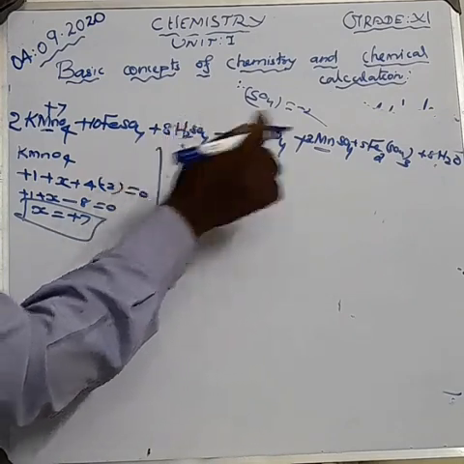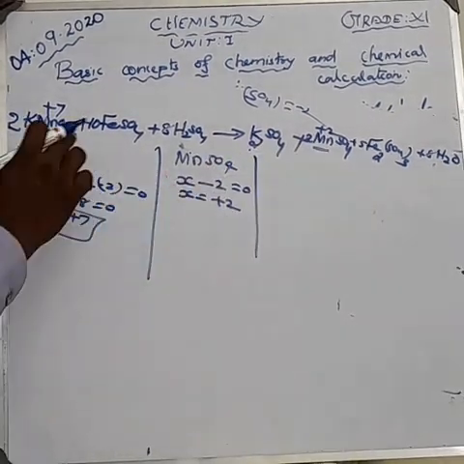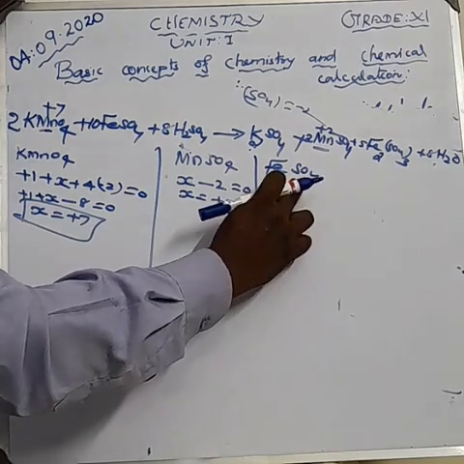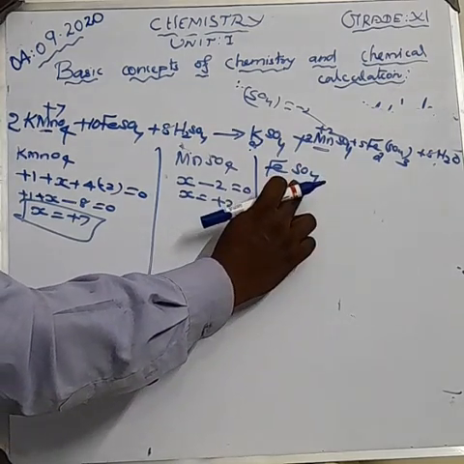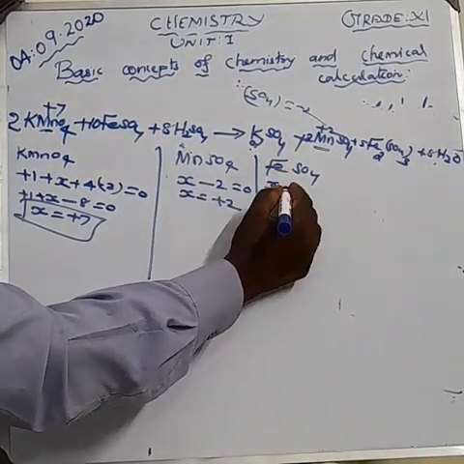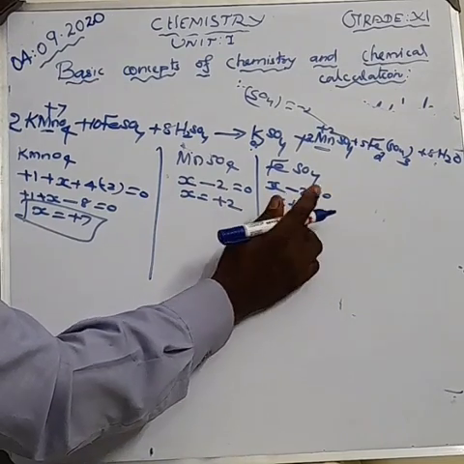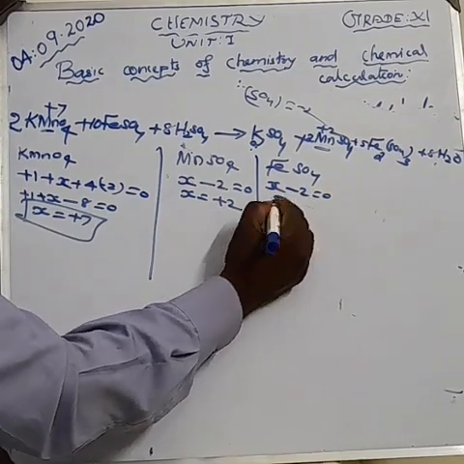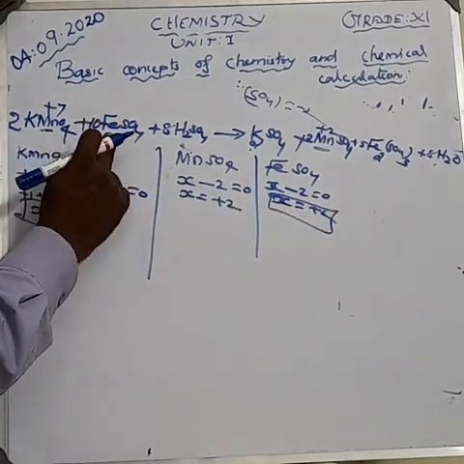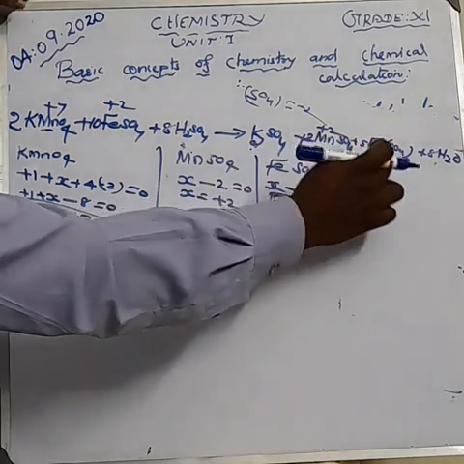Then the third one, ferrous sulfate, FeSO4. Sulfate is minus 2, and Fe is taken as X. X minus 2 is equal to 0, so X is equal to plus 2. So in ferrous sulfate Fe is plus 2.